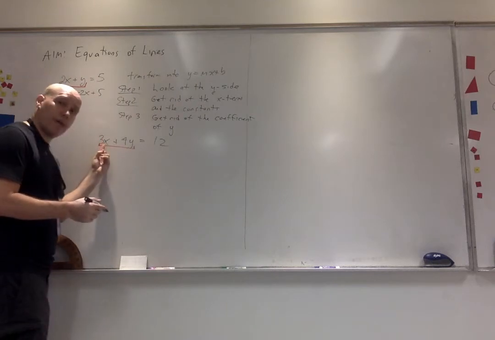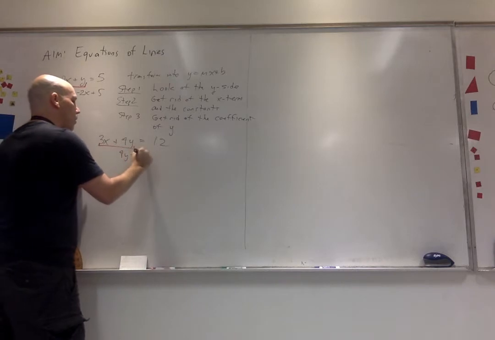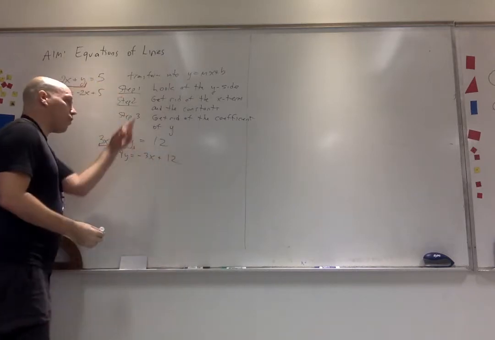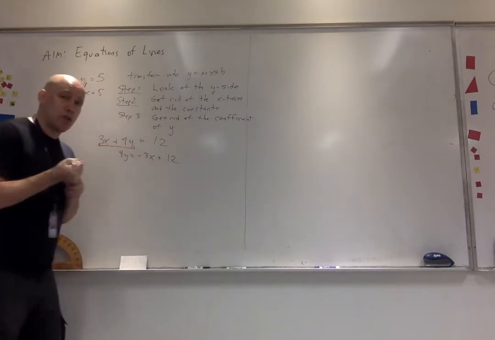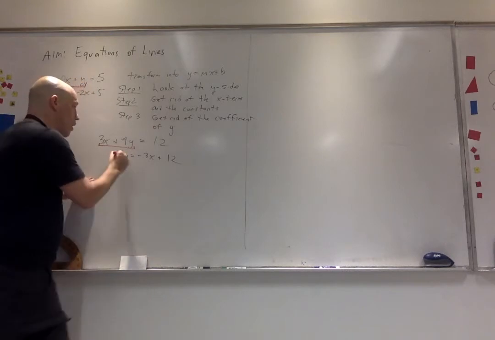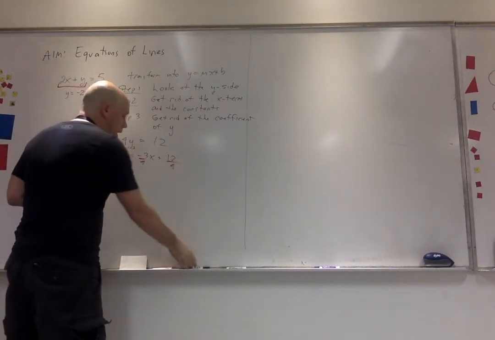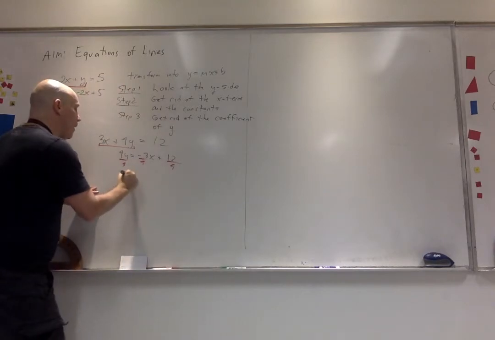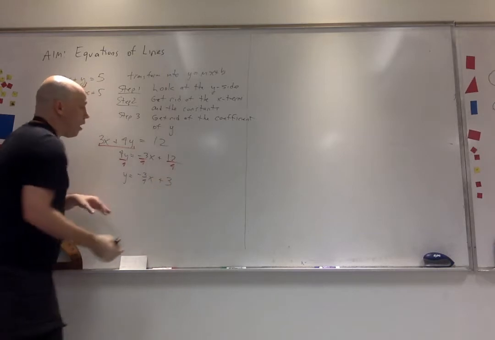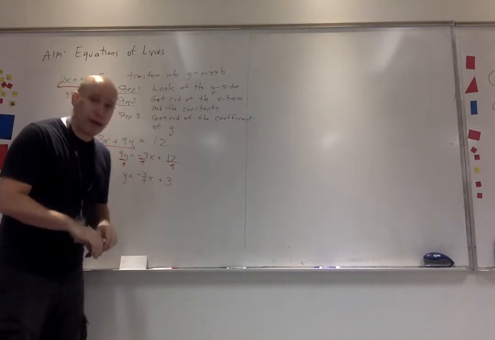If it's positive on the left, it's negative on the right. Step 3, get rid of the coefficient in front of the y. How do I undo multiplication? Division. Divide by 4, divide by 4, divide by 4. Final answer, y equals negative 3/4 x plus 3. And you say, the line is decreasing and the y-intercept is 3.